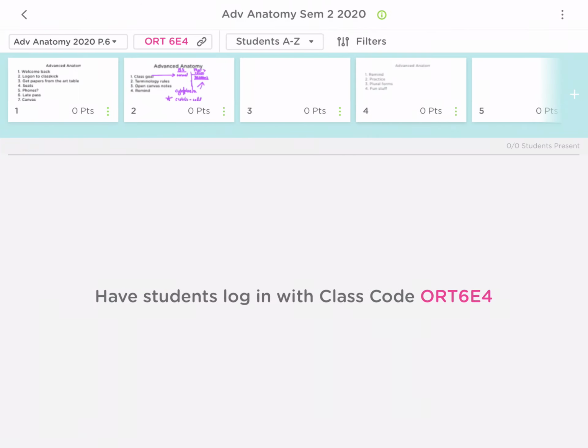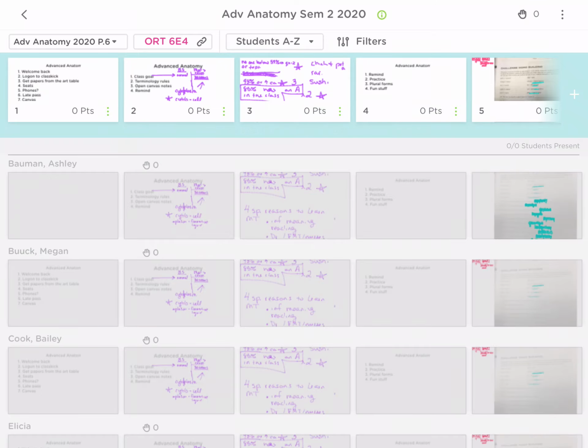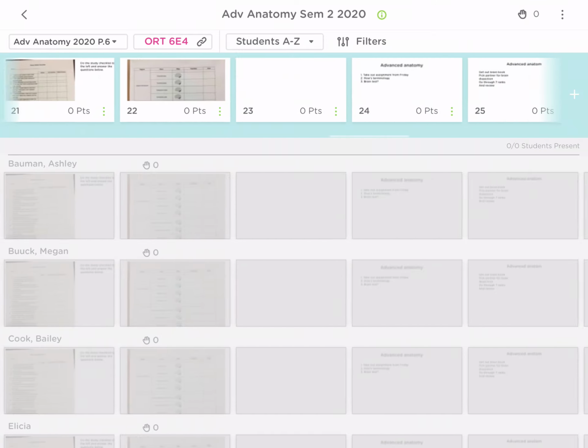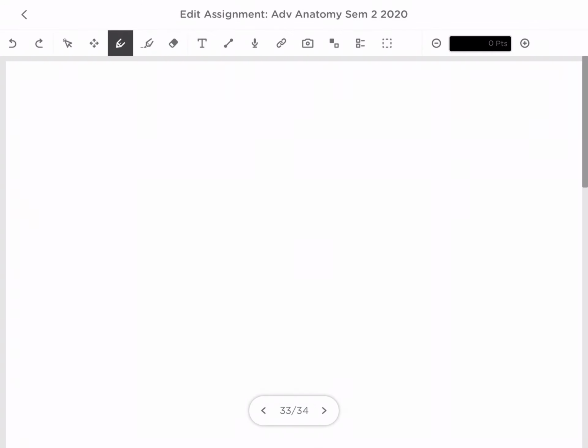Come on, Class Kick. I think we're pretty much done anyway. I'm just waiting for it to load again.